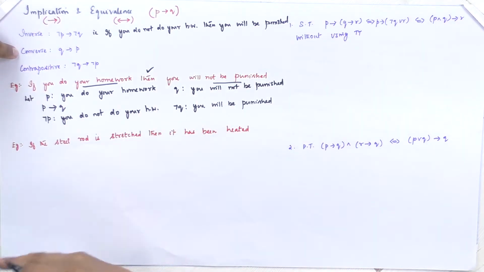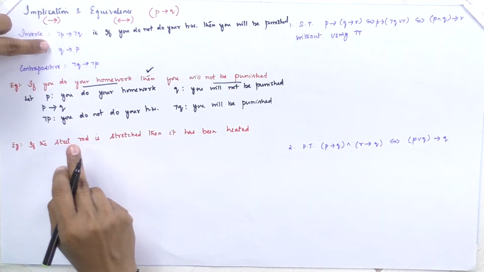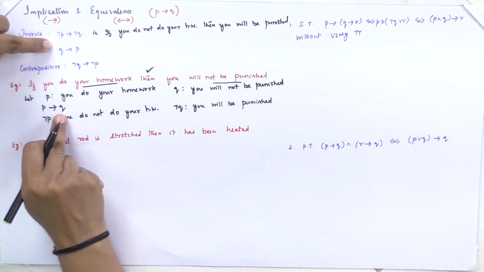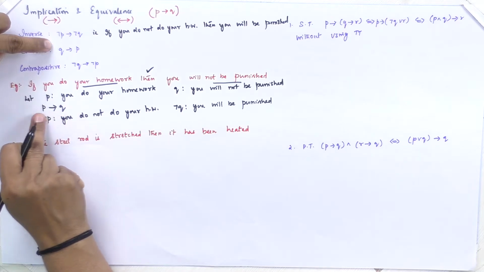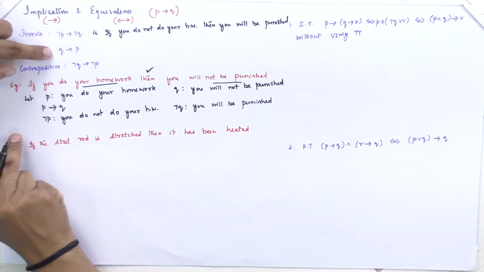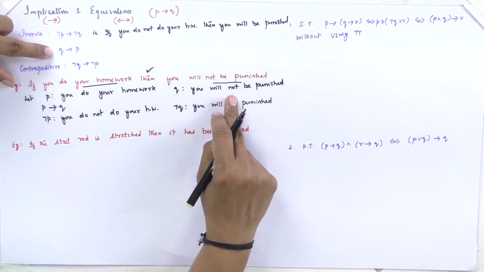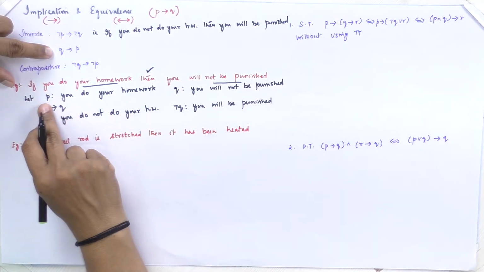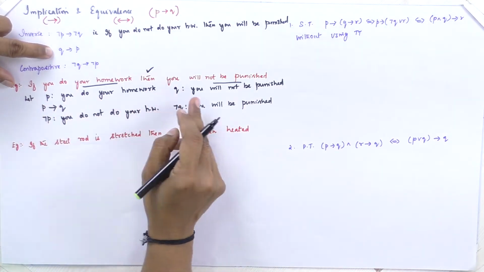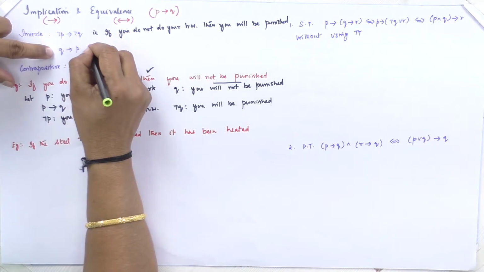Now coming on to the converse part of the statement. If we have P conditional Q, the converse is just the reverse, that is Q conditional P. Q is you will not be punished, and P is you do your homework. So how do we write it?